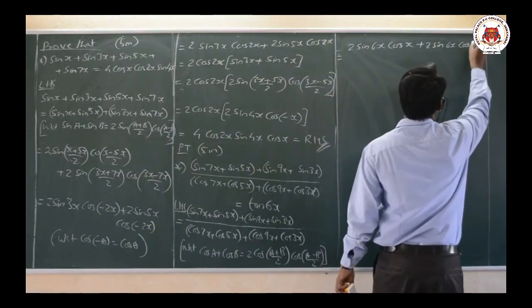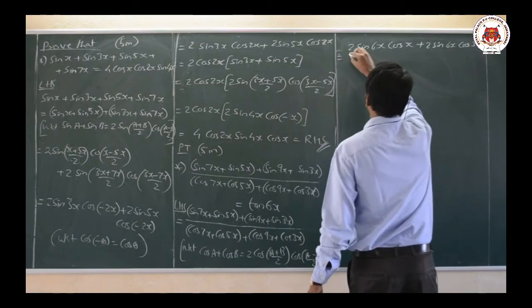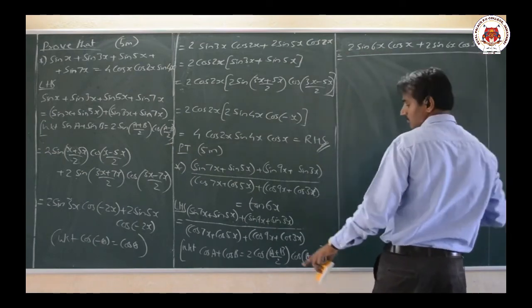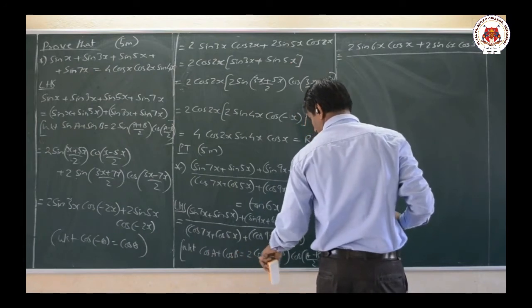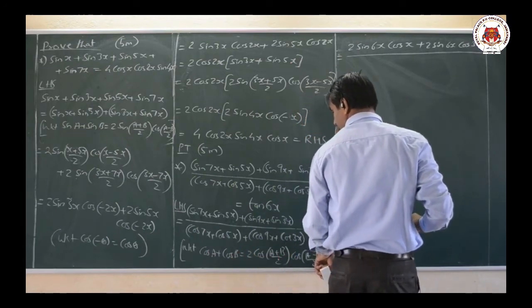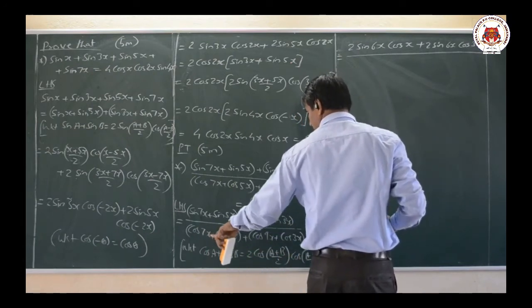What we get here is cos 3x, whole divided by, now cos A plus cos B, which is 2 cos (A plus B) by 2 cos (A minus B) by 2. A is 7x, B is 5x here.